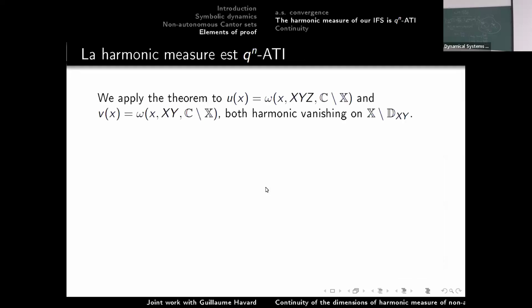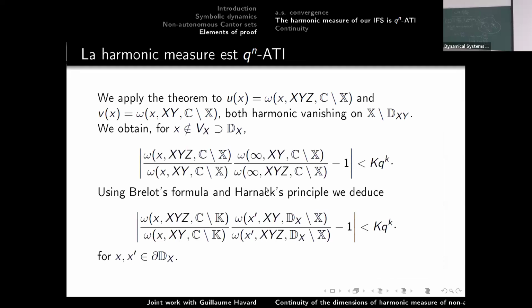Now I'll try to explain how we get this. I told you the formulas are horrible, and I keep my promise. Remember that when you fix a set on the boundary, this harmonic measure is a harmonic function of x, and it's easy.